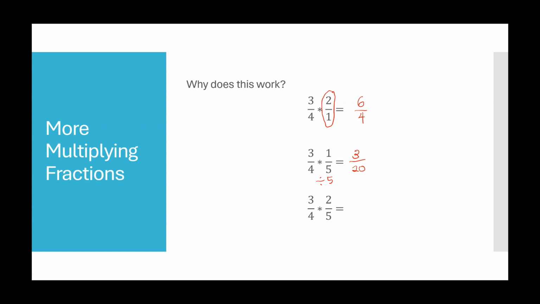So together, multiplying by 2 is only changing how many pieces, the numerator. And multiplying by 1/5 is only changing how big the pieces are, the denominator. So that means we can do those 2 steps in one where we only have to multiply the top with the top, how many pieces, and the bottom with the bottom, how big are the pieces.